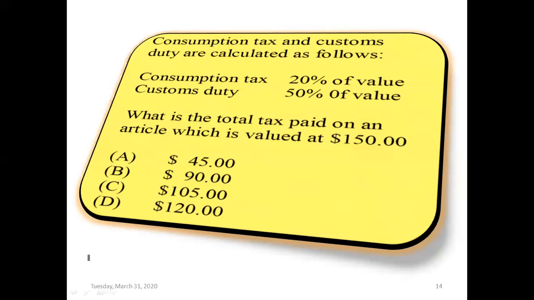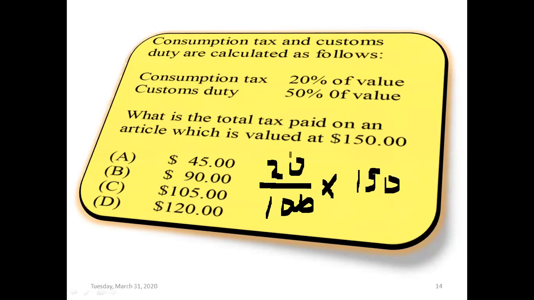All right. So in the interest of time, guys, you just find 20% of 150. Pretty simple. 20% of 150 is actually $30. And 50% of the value: 50% is actually half.